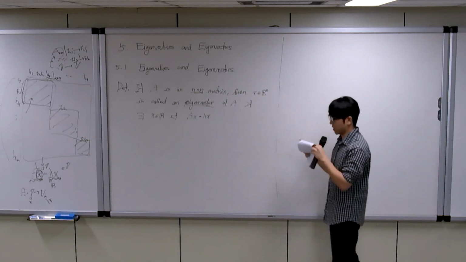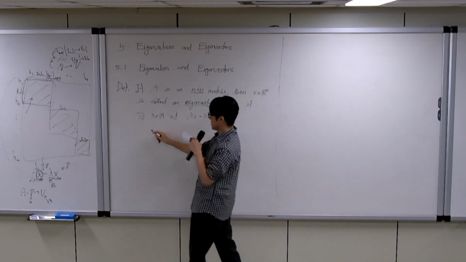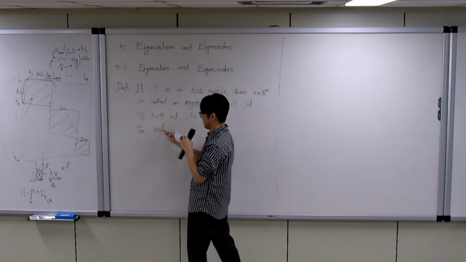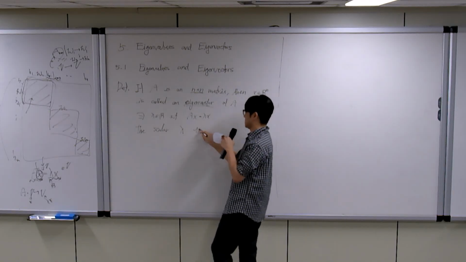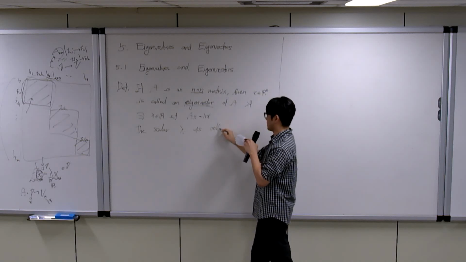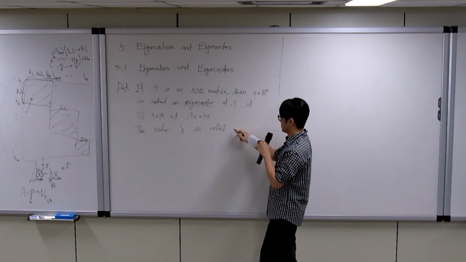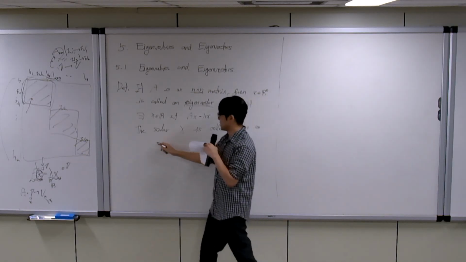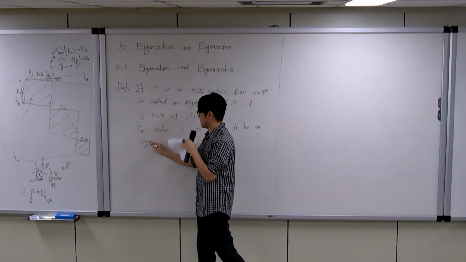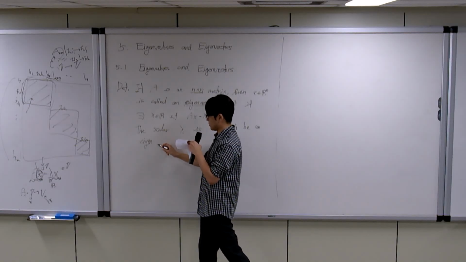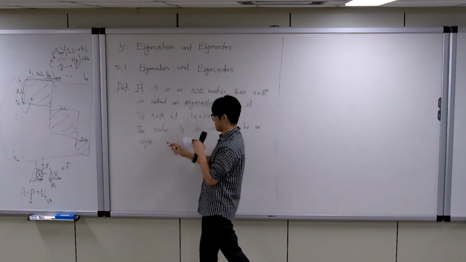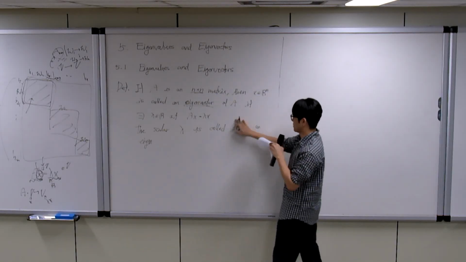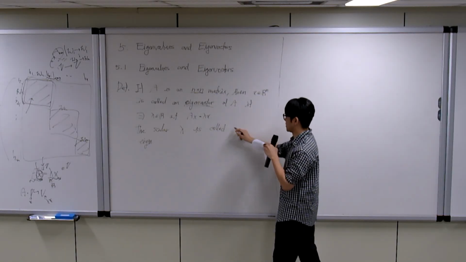And the scalar lambda is called an eigenvalue.